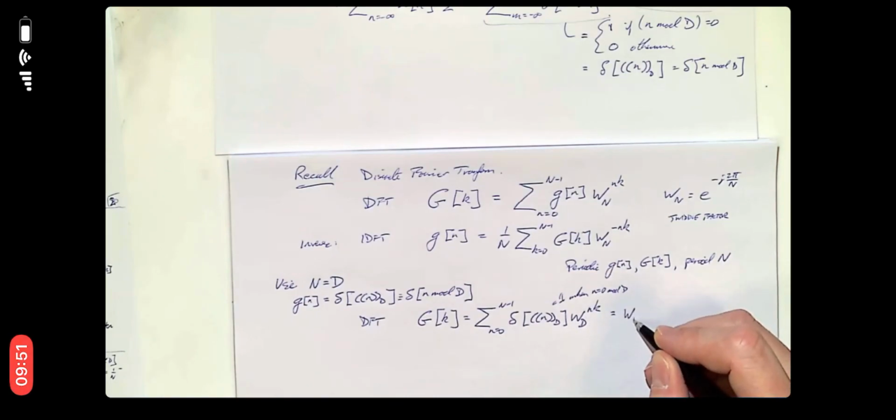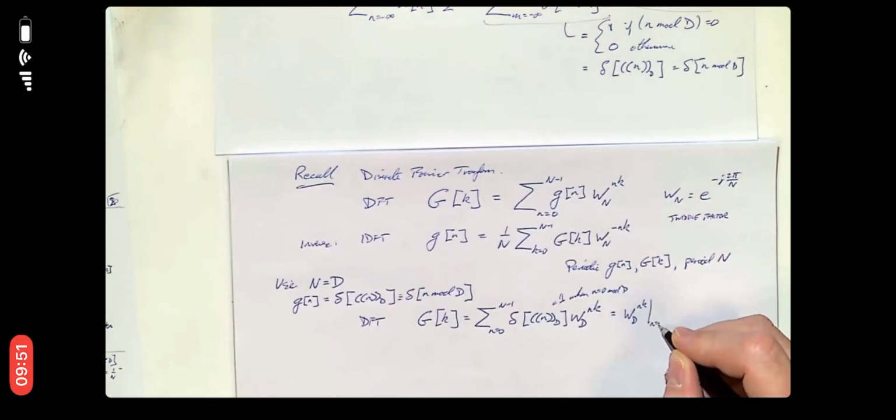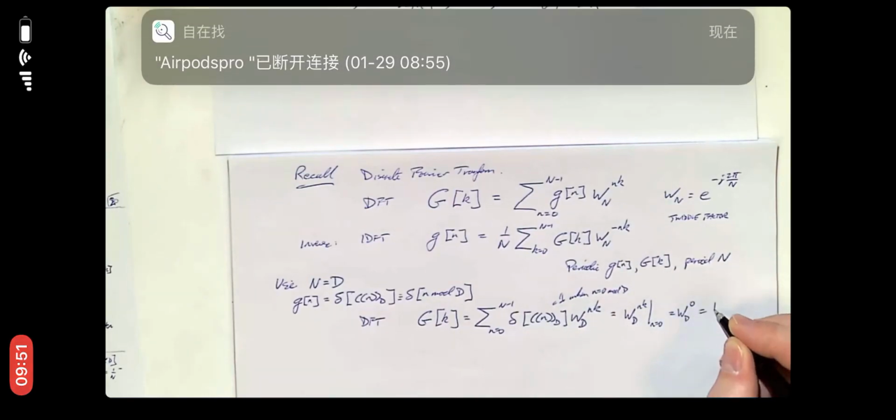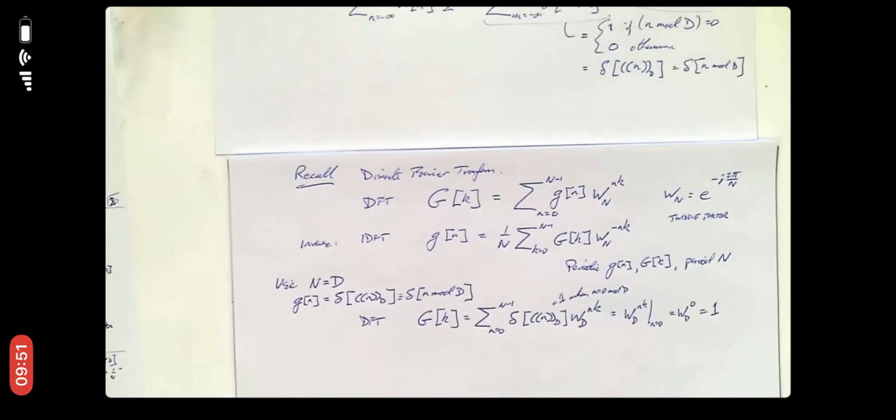So it's actually W_d to the nk at n equals 0, which is the twiddle factor to the 0, which is 1. So that means its discrete Fourier transform is equal to 1. This is what we would normally expect for a delta function. If you have a delta function at 0, its Fourier transform is 1. It sort of has a white spectrum, if you like.